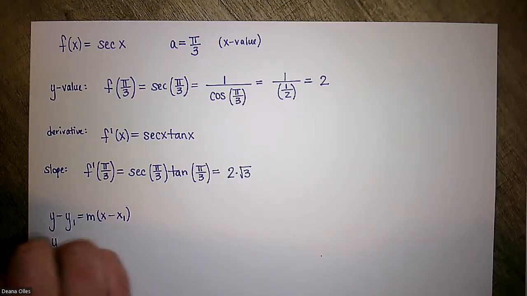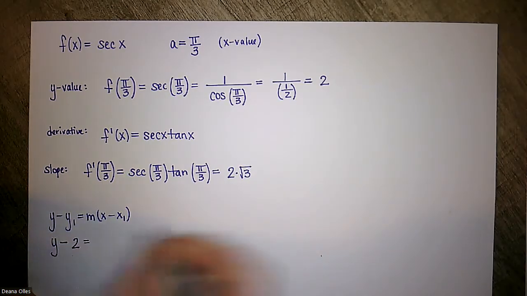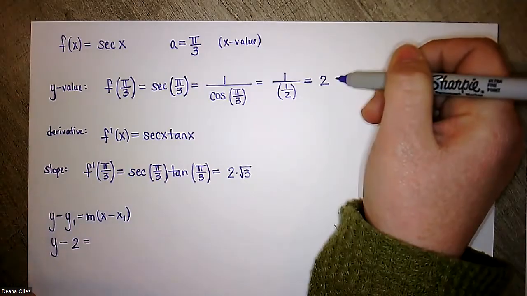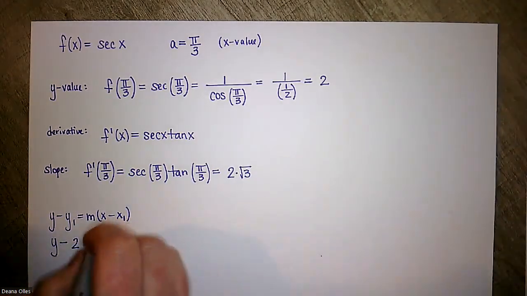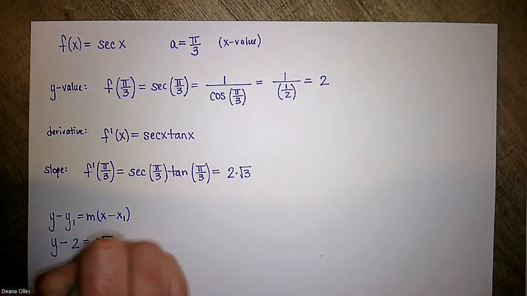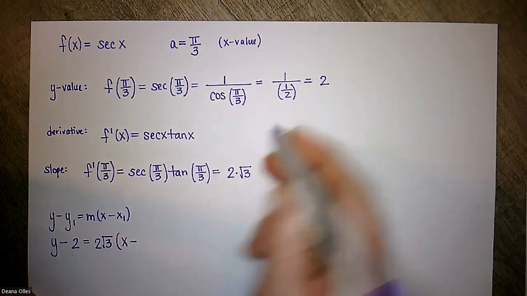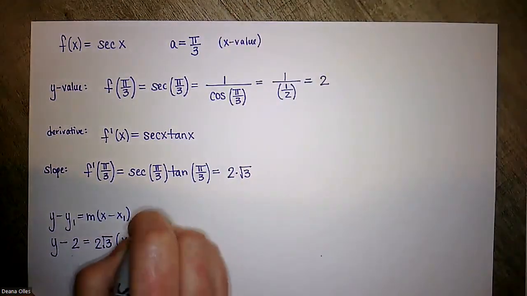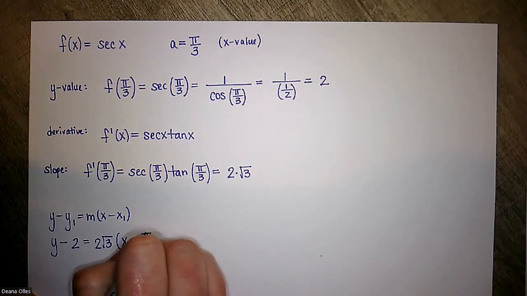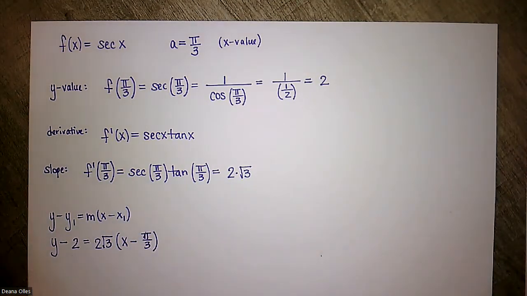So the y value we found was 2, the slope we found was 2 radical 3, and the x value that was given was pi over 3. We've been leaving it in this point slope form because it tells us everything we need to know. At the point pi over 3, 2, the slope of the tangent line is 2 radical 3. That's why we use point slope form.